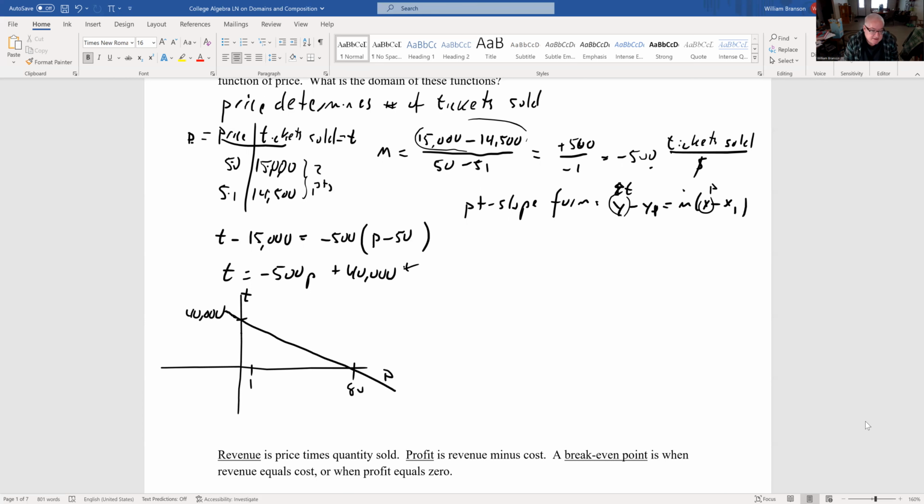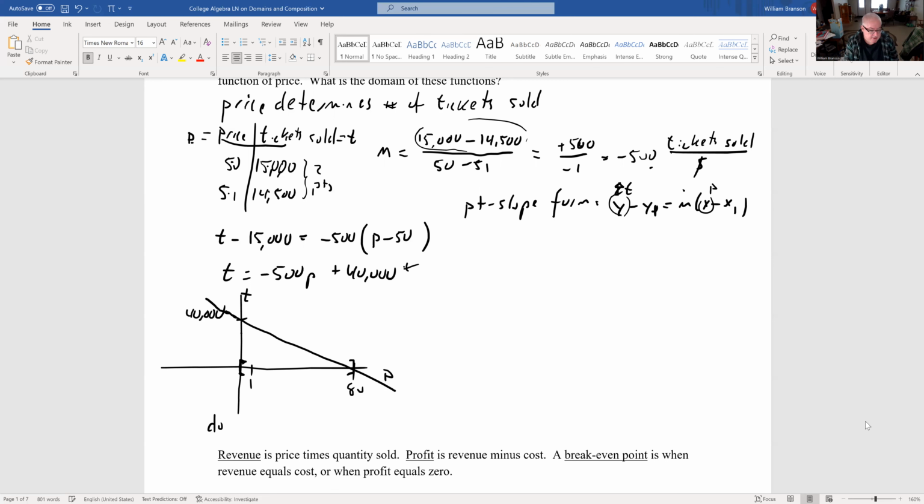So what's the domain of this? Well, it looks like it should be all numbers, but really you can't have negative ticket prices because then you're paying people to actually show up. And if you put your ticket prices bigger than 80, nobody will buy it.